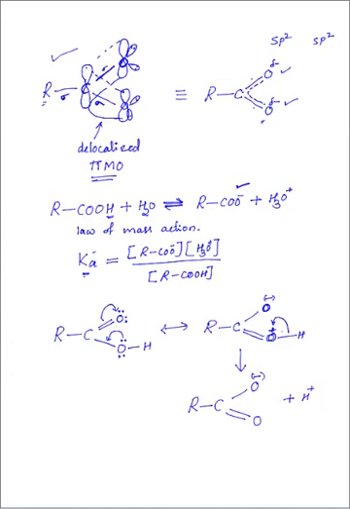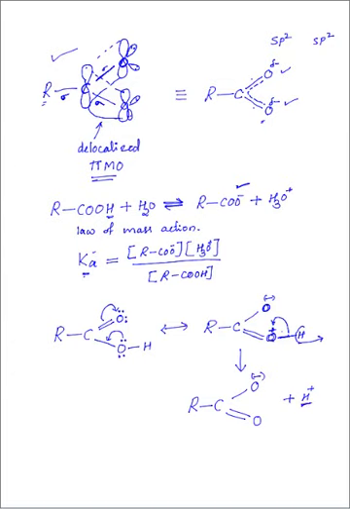Here it loses H plus easily and gives those electrons to oxygen. The positive charge present on oxygen has the tendency to attract the OH bond electrons. Therefore, removal of this H plus becomes easy.